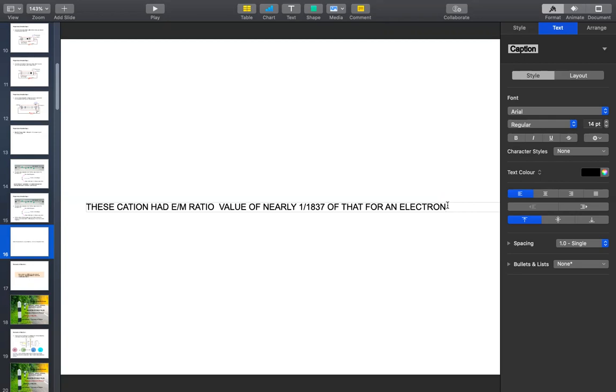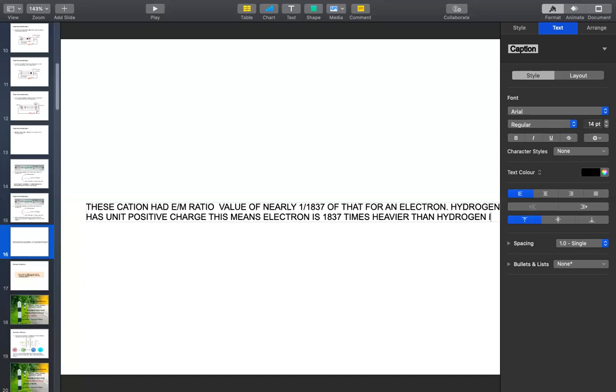And it has a unit positive charge. So this means the hydrogen ion has unit positive charge. This means the hydrogen ion is 1837 times heavier than the electron.